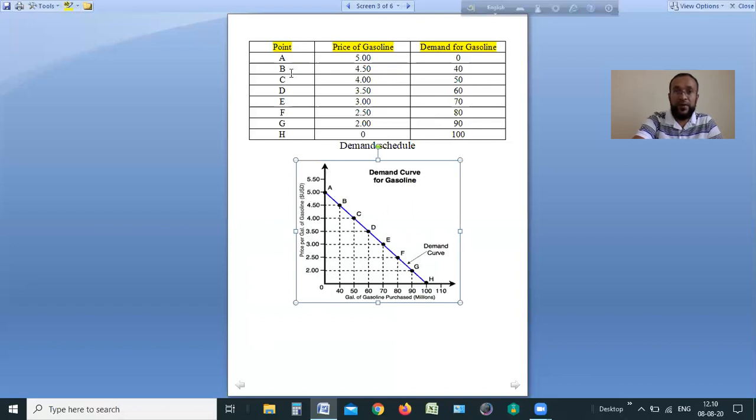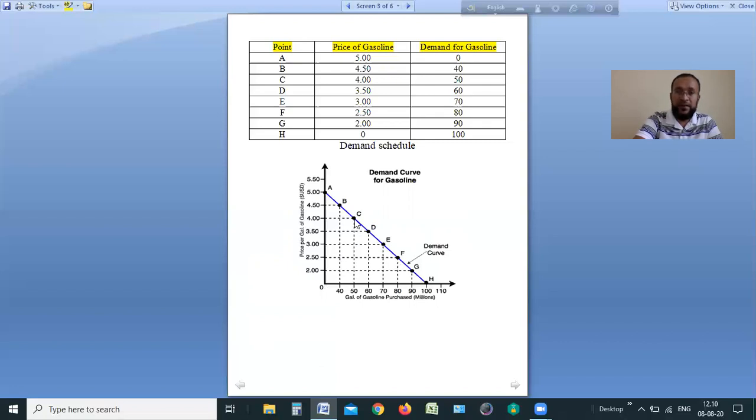Now see point B. At point B, when the price falls a little bit and becomes $4.5, then demand increases from 0 to 40. So at $4.5, the total demand for gasoline is 40 gallons.